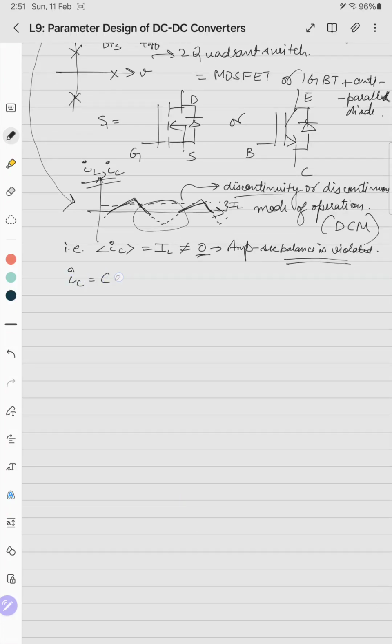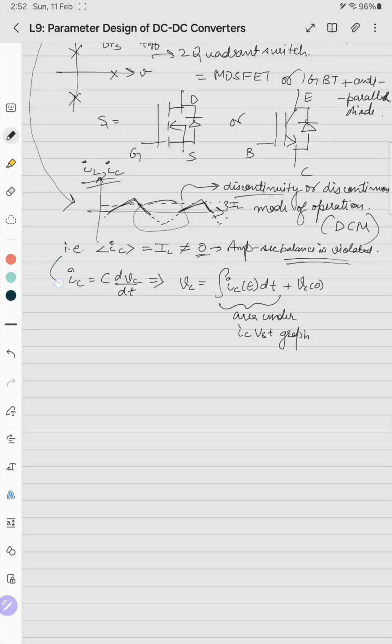IC is C dVc by dt, which means that Vc is the integral of IC of t dt plus the Vc initial condition. So this was the area under the IC versus time graph, which means that the area above the t equals 0 axis equals the area below the t equals 0 axis. It means in each switching cycle, the capacitor has to charge and discharge.